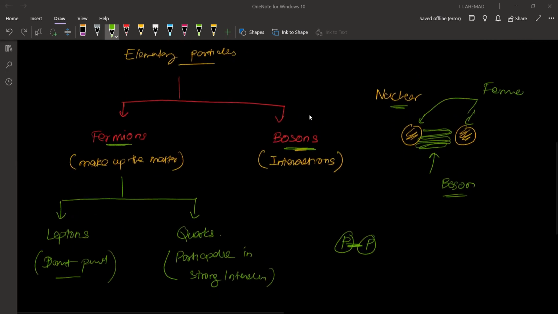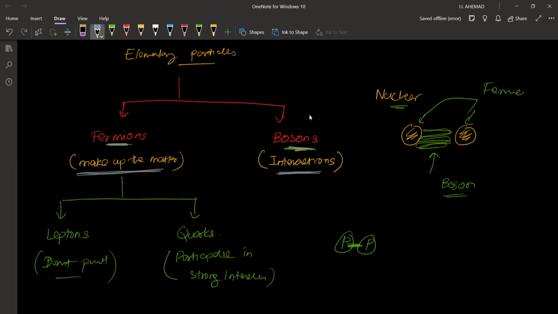I will make this classification clear, so I'll just tell how it is classified. Bosons and fermions are classified by understanding that fermions make up the matter. This is the particle that actually makes up the matter. Bosons are just used for interactions.